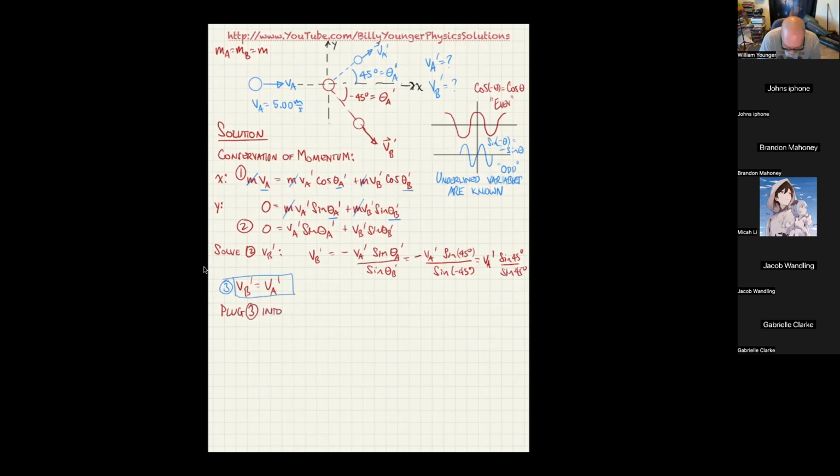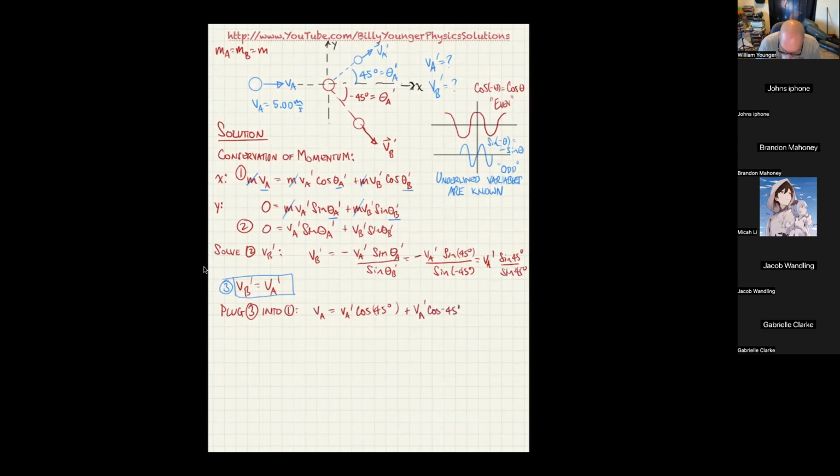So now plug 3 into 1. When I do that, I get VA is equal to VA prime cosine 45 degrees plus, now VB prime is just going to be VA prime again. So it'll be VA prime times the cosine of negative 45.